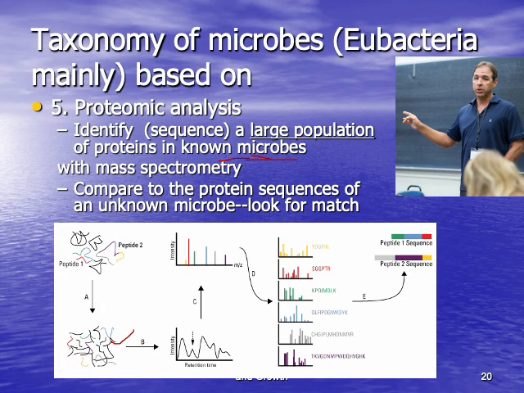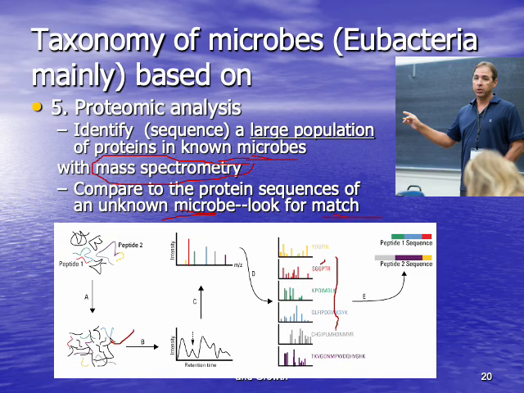They use a machine to do this called a mass spectrometer. So this is called mass spectrometry. Basically, you now know the sequences of a lot of different proteins in a known microbe. Then you take an unknown microbe, take its proteins, chop them up, get the sequence of them, and compare those proteins of the unknown microbe to the proteins of a known microbe, and you look for a match.